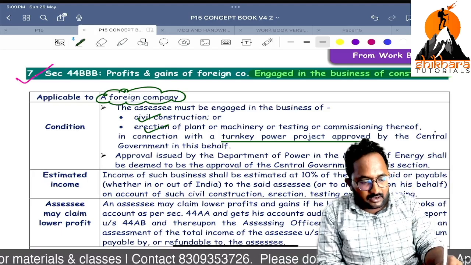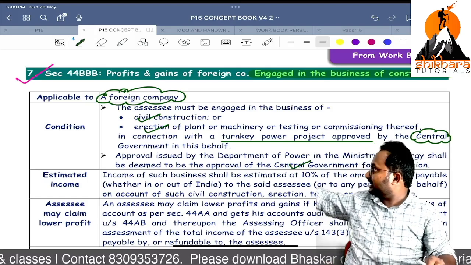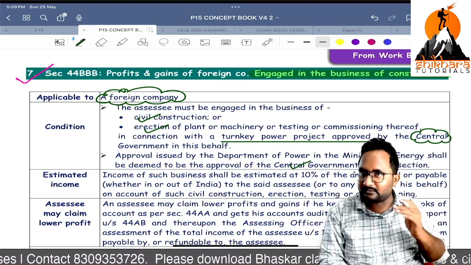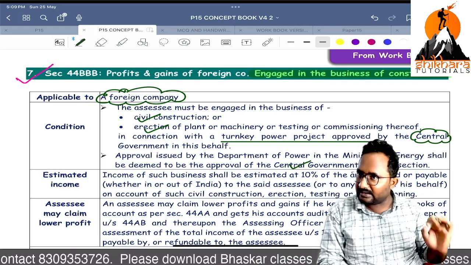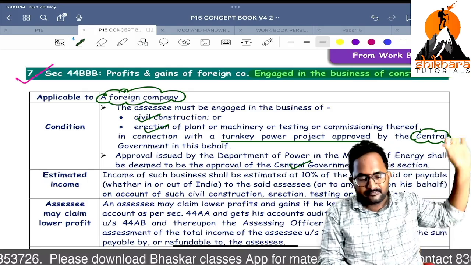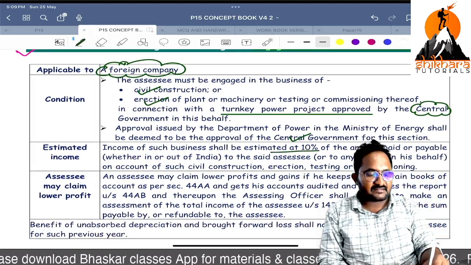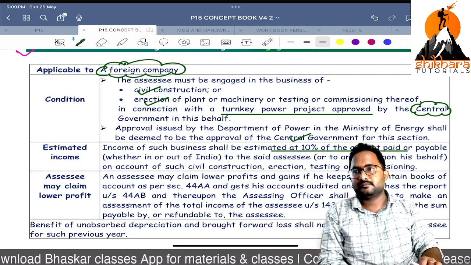Now the central government needs to approve it, or we can take approval from any other department, such as the Ministry of Energy. Remember, permissions are required. For example, any foreign company engaged in civil construction in India. Directly on that amount, the percentage is 10%.